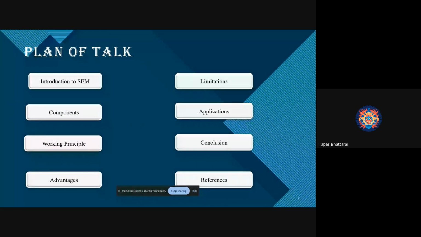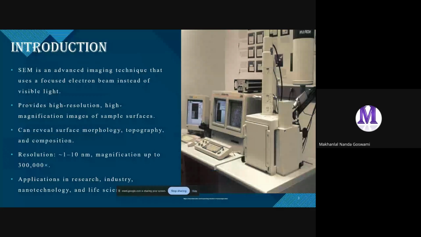So let's start. SEM is an advanced analytical imaging technique that uses a focused beam of high energy electrons instead of visible light to scan the surface of a specimen, and in turn it provides images with extremely high resolution, typically around 1 to 10 nanometers, and magnifications up to 300,000x, which allows us to observe even the finest nanoscale features.